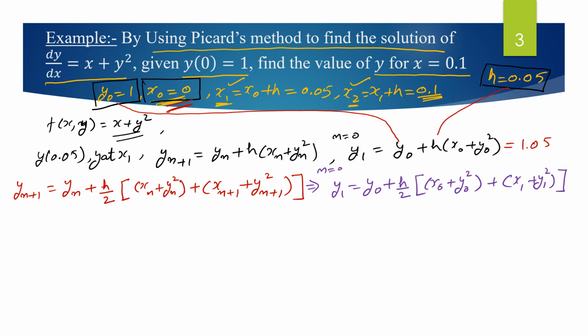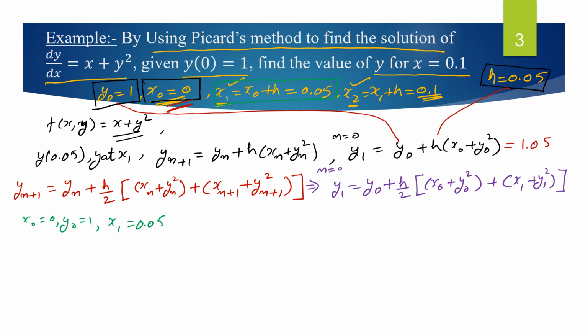Now substituting the values, I am writing them again: x0 is 0, y0 is 1, but x1 is 0.05.